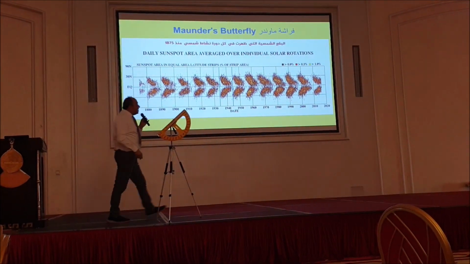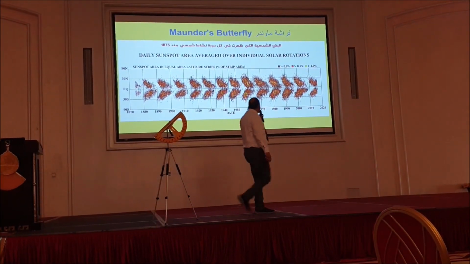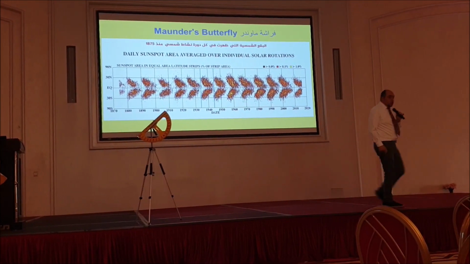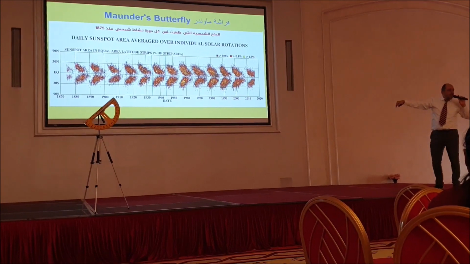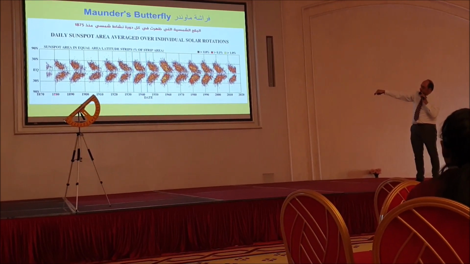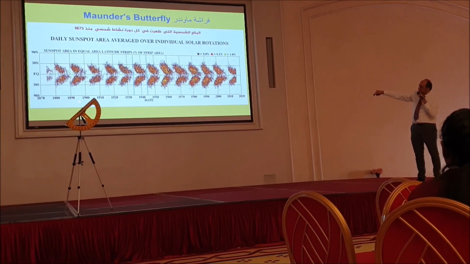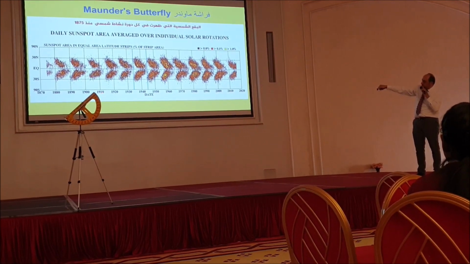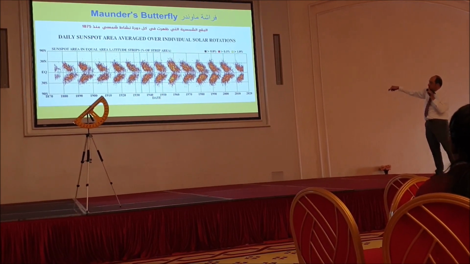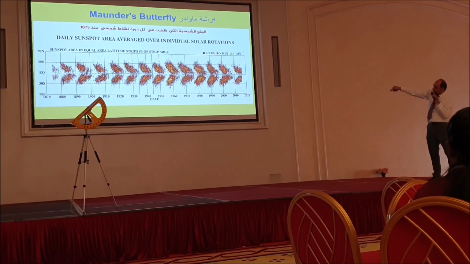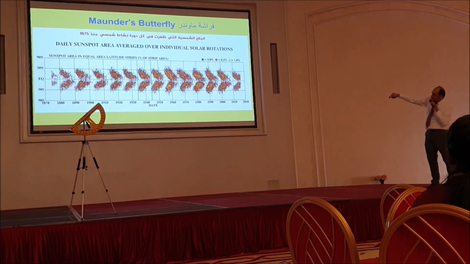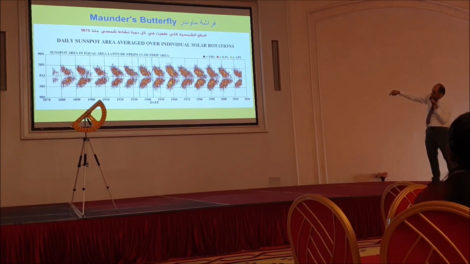This can be drawn as what is called Maunder's butterfly. Each butterfly is one solar cycle. See, 1880, 1890, 1900, 1910, and so on. The sunspots start appearing at higher latitudes, and with time they come closer to the equator.